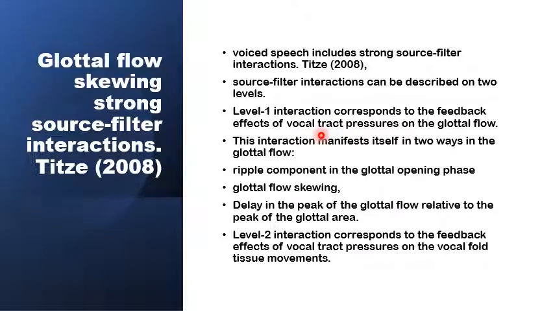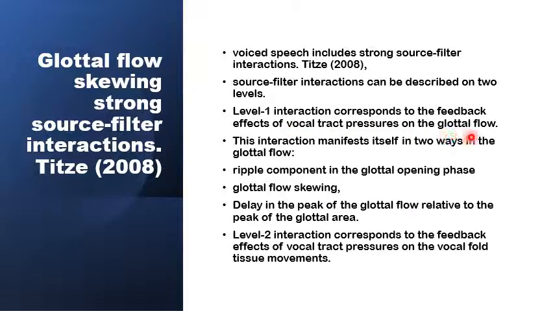caused by the vocal tract, the filter pressure on the glottal flow, as we have seen. And the second level is the interaction of the filter, the vocal tract, on the vocal cord tissue movements. So the interaction affects the tissue movement of the vocal folds itself in level 2 and affects the glottal flow in level 1.